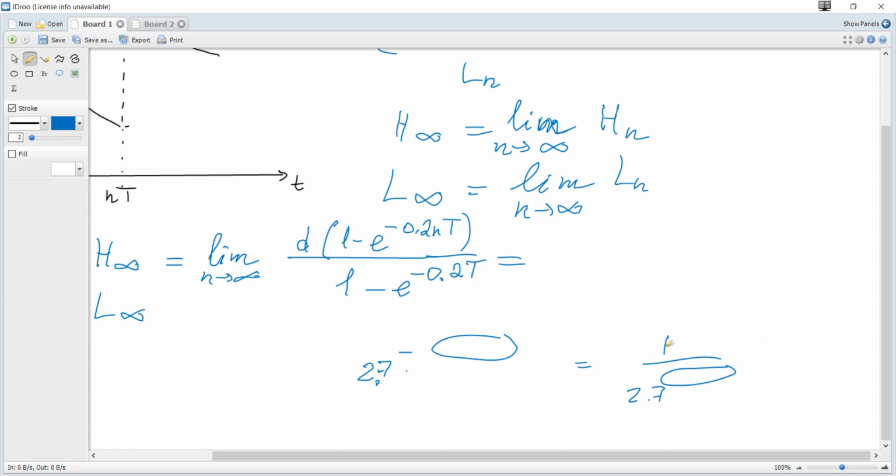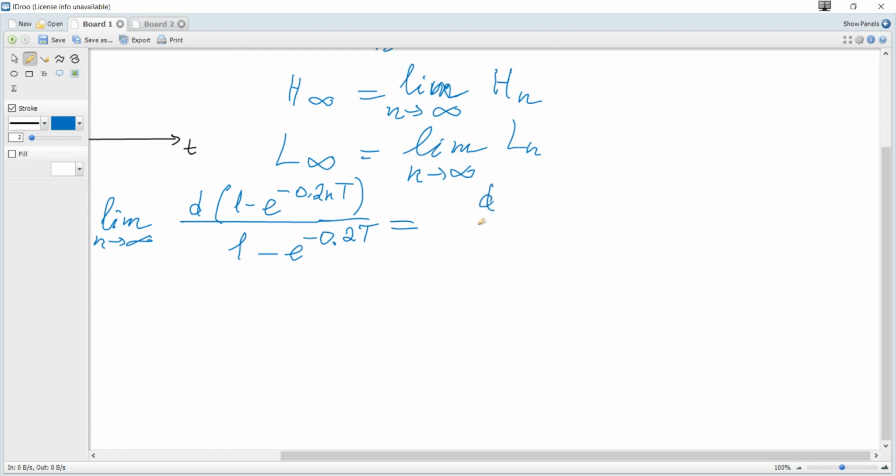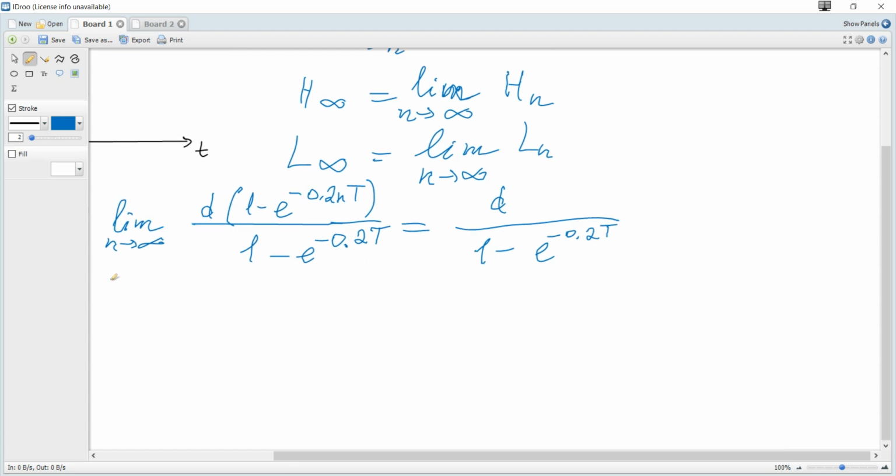So it becomes 1 divided by a very large number, which tends to 0. So this tends to 0, and it becomes D(1 - 0) divided by this. I repeat that n is very large positive, not T.